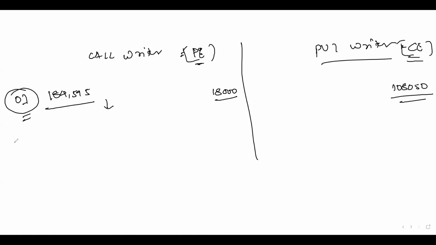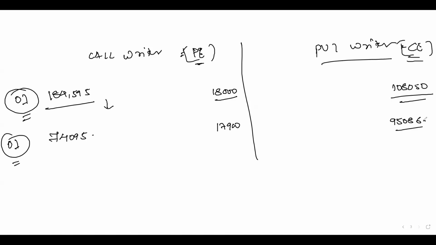Again, take one more strike price, 17,900. The open interest for the 17,900 call writer, which equals put for us, is around 74,095, and the open interest for the 17,900 put writer, meaning call side, is around 95,086.